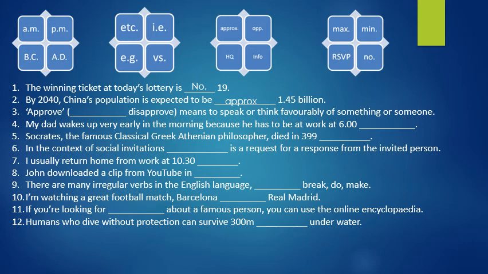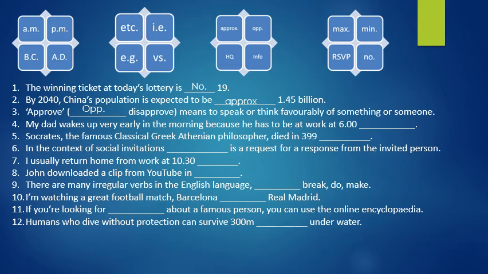So they don't know it really, but they are guessing. If we have approve and disapprove, what does it mean? Is it the same? No, you got it. It's the opposite.